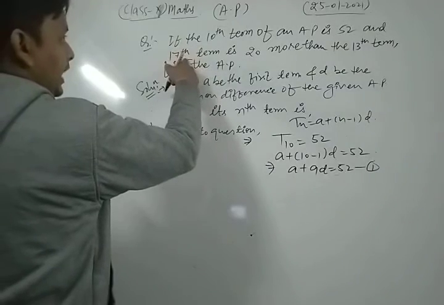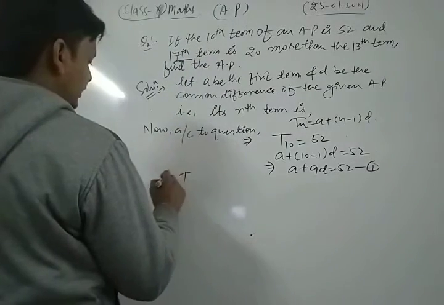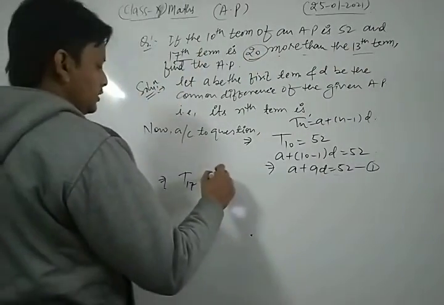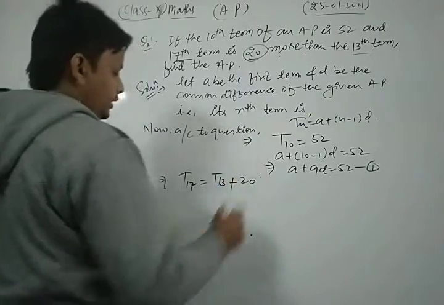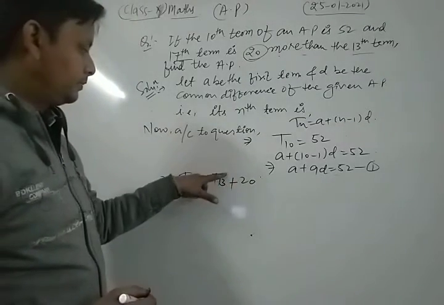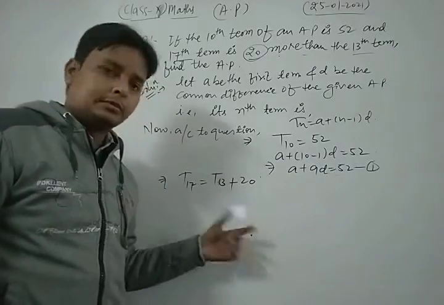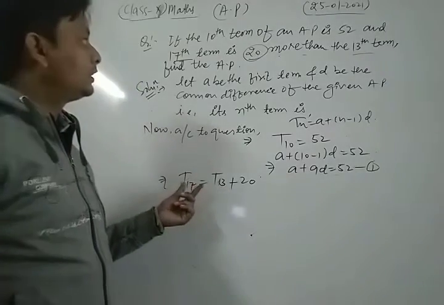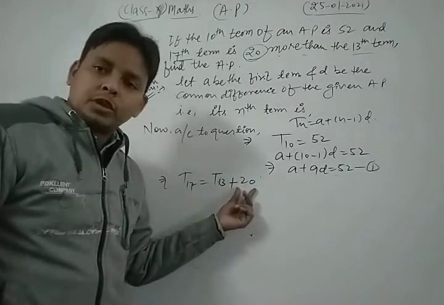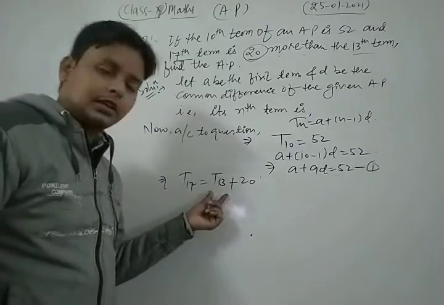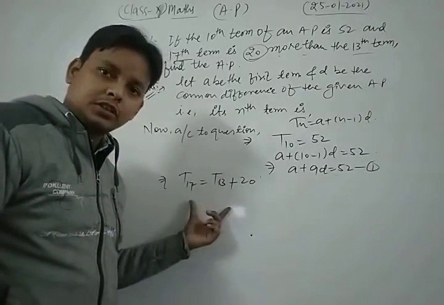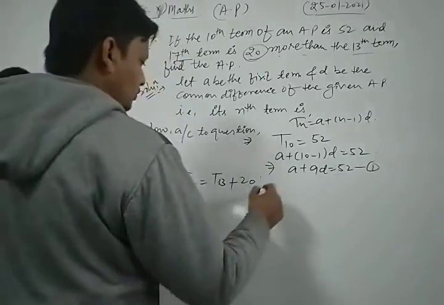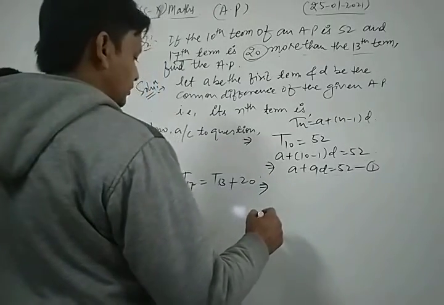Now according to the second condition, the 17th term is T17, and the 17th term is 20 more than the 13th term, that is, T17 is equal to T13 plus 20. Now we put the values in this condition.